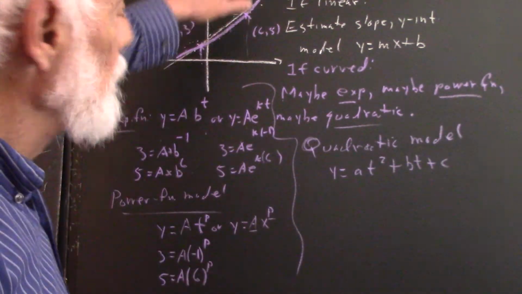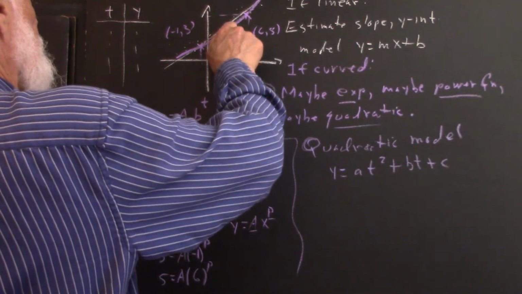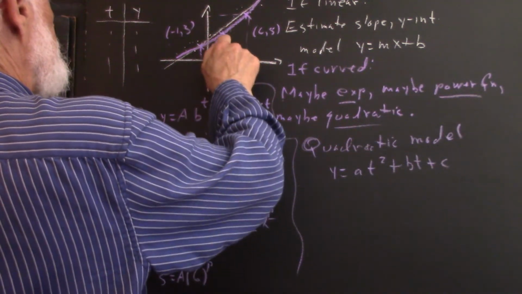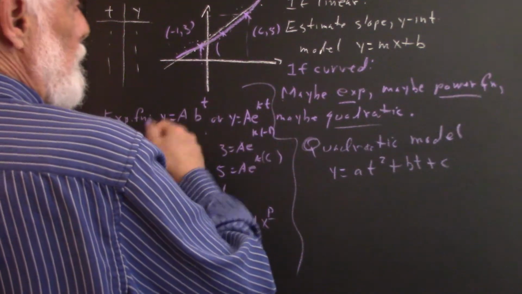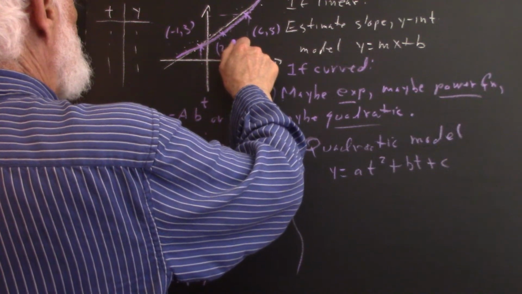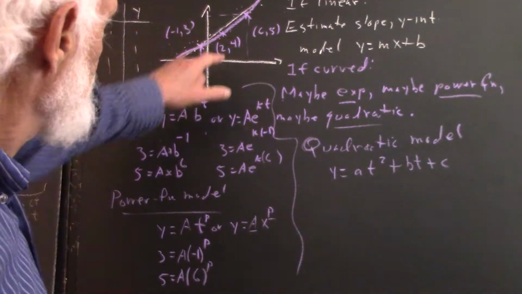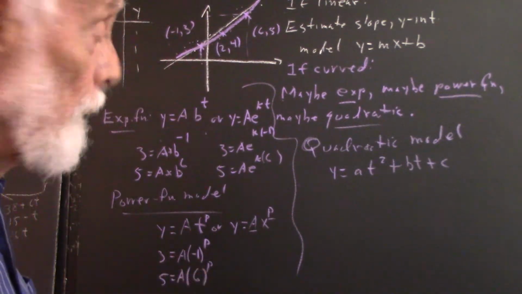And we would need 3 points. So we get a third point on the curve. And maybe this point is 2, 4. It's not a very good likeness, but let's just say that point is 2, 4 for illustration.